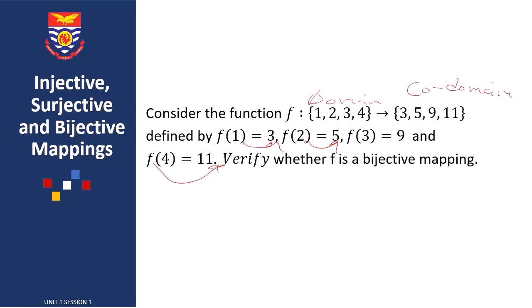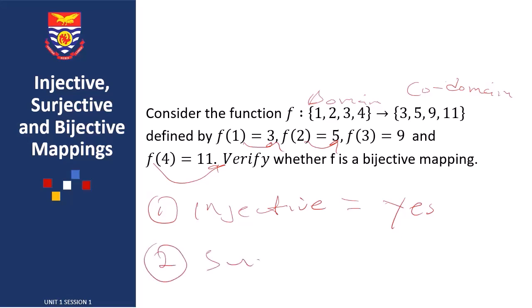Now you have to look at the two cases. One, you check for injective. Is the function an injective mapping? The answer is yes. And why? Each element in the domain has a corresponding distinct element in the codomain. Two, we check if it is surjective. Let's check.